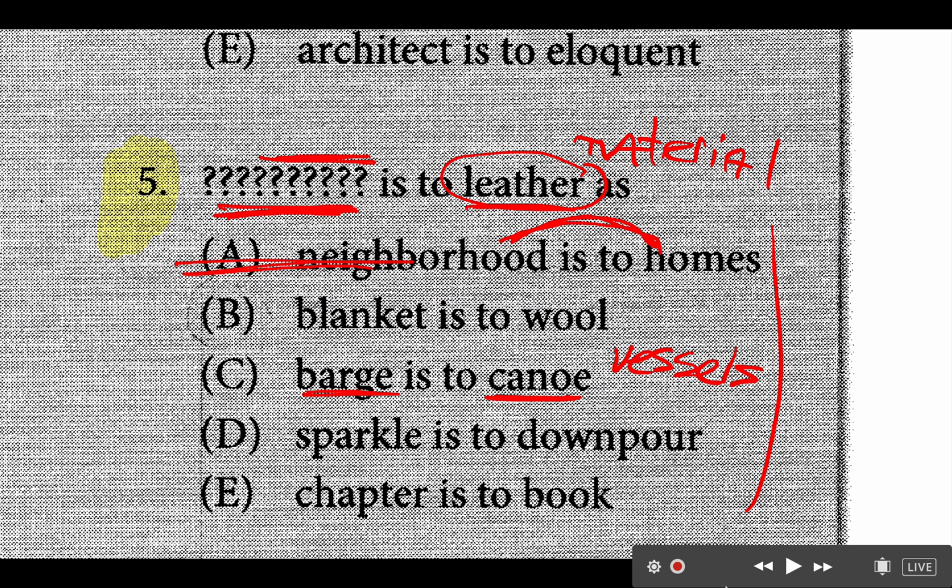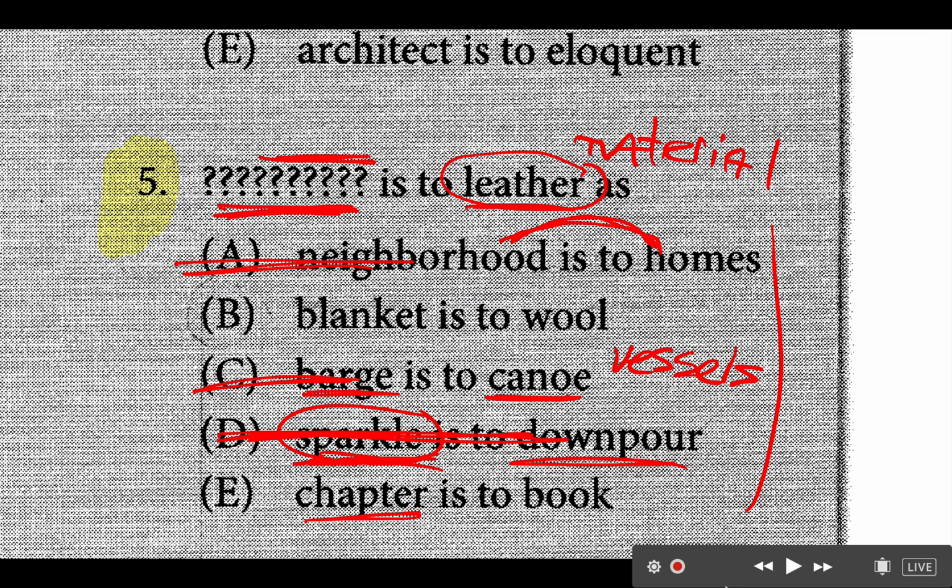So that doesn't seem great. Sparkle, ooh, actually, this is kind of a trick. Out of the corner of my eye, I probably translated this to sprinkle is to downpour, thinking it was one of the extremes, but it's not sprinkle, it's sparkle. So that one doesn't have a clear relationship, so that one's out.